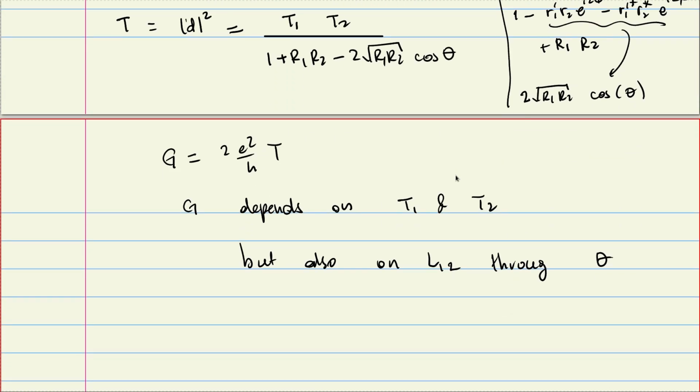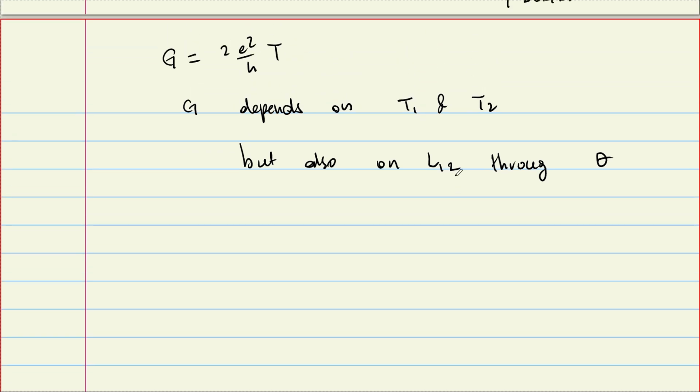As a result, changes in L12 by a little bit, which is 1 over k Fermi, a very tiny number, are going to give a result where T is order of 1.